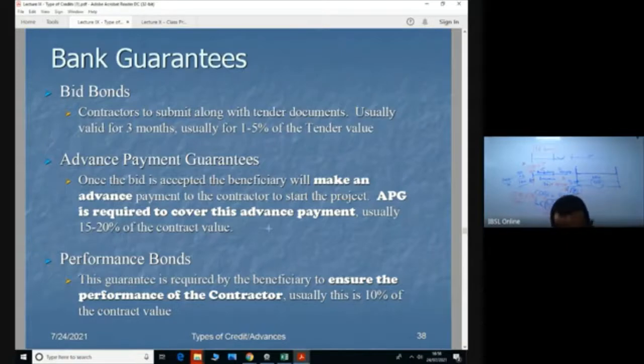Then we have retention guarantee. Whenever we say we are doing a road, the customer completes part of the road and puts the first bill. From the first bill, the authority will keep 5% from the bill.